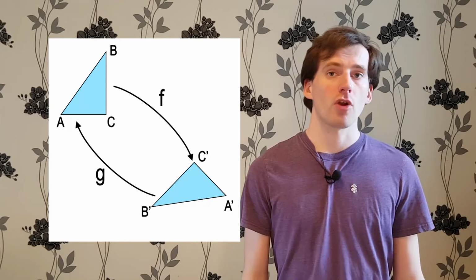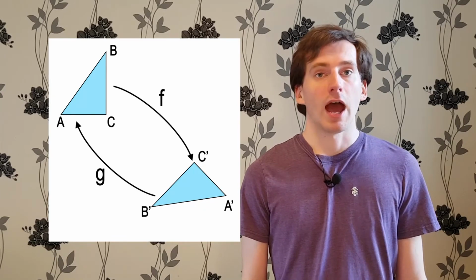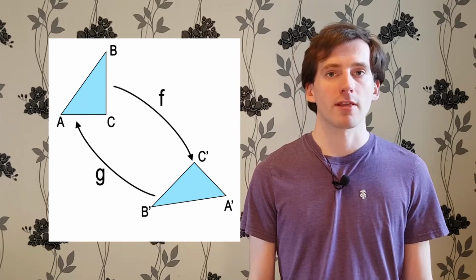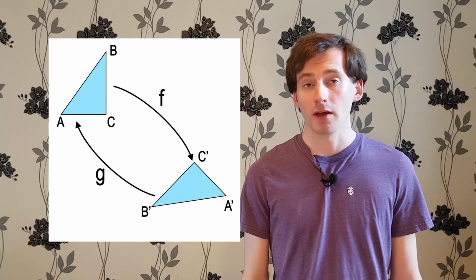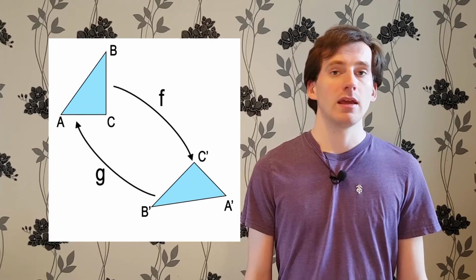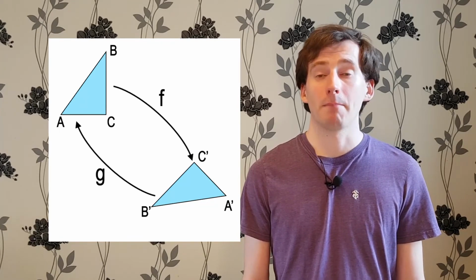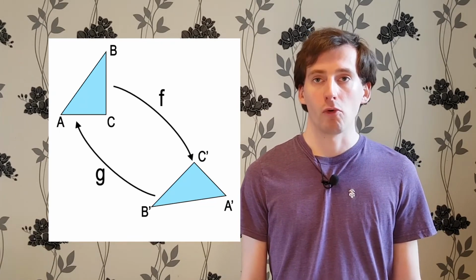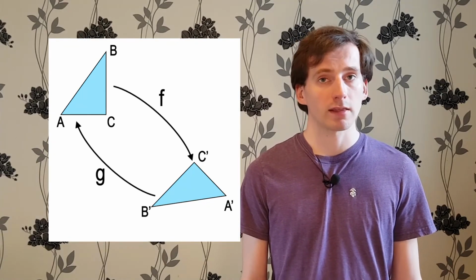Label the first triangle ABC and the second A'B'C', and choose the isometries so that they respect the labeling. Now, doing one followed by the other, A goes to A' and then back to A, B to B' and then to B, and C to C' and then back to C. So overall, A, B and C are sent to A, B and C respectively.